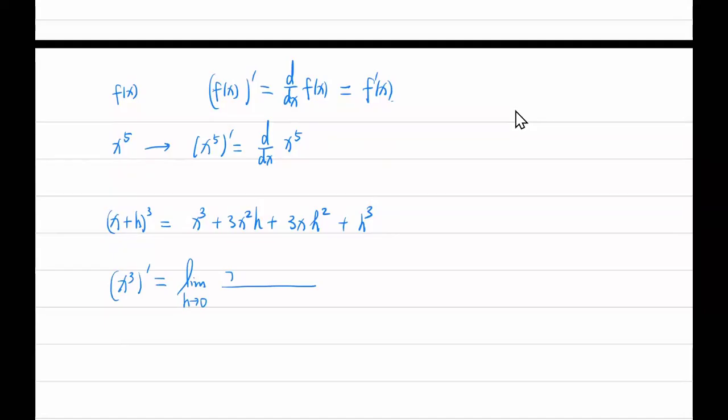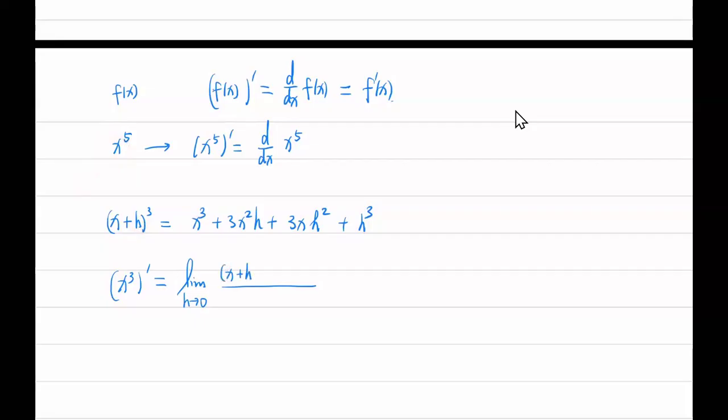So what do you know about x? We don't know. It's a variable. H again is a variable. It could be 0.1, maybe 0.001. It's not zero at the moment. No. Okay, so at this moment, it is just abstract.